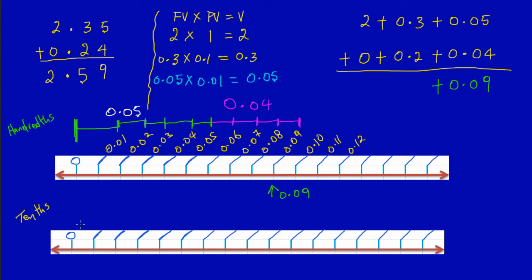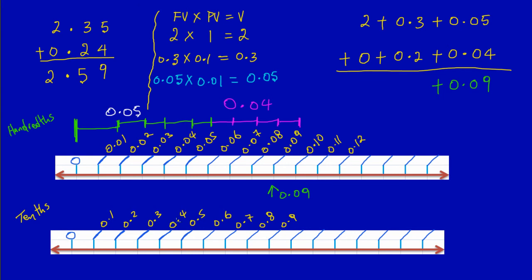On my tenths column, if this is 0, then since I am going up by 0.1, this would be 0.1, then 0.2, 0.3, 0.4, 0.5, 0.6, 0.7, 0.8, 0.9.